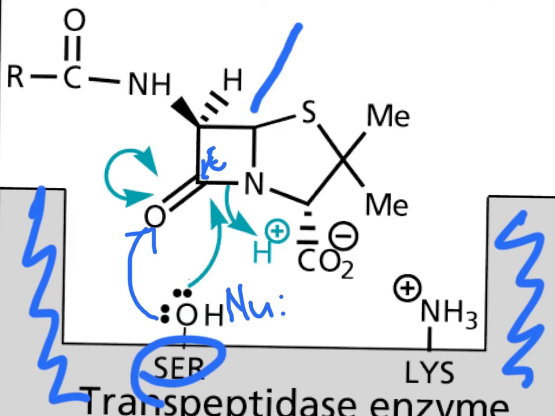The lone pair attacks the carbon, and the electrons are driven out and then back in again into the carbonyl, and only then is this bond broken down.